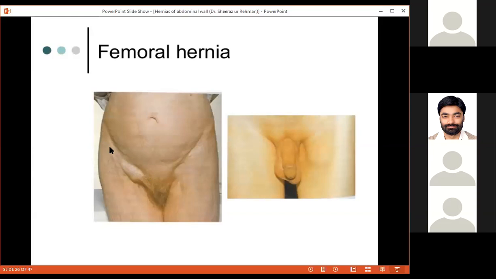So the patient would have a hernia formation which is below and lateral to the inguinal ligament. That is a femoral hernia. If you have above and medial, that is the inguinal hernia, and if you have below and lateral, that is the femoral hernia.